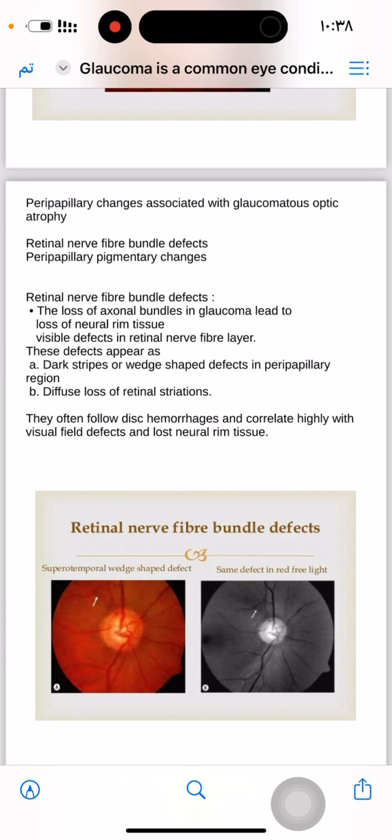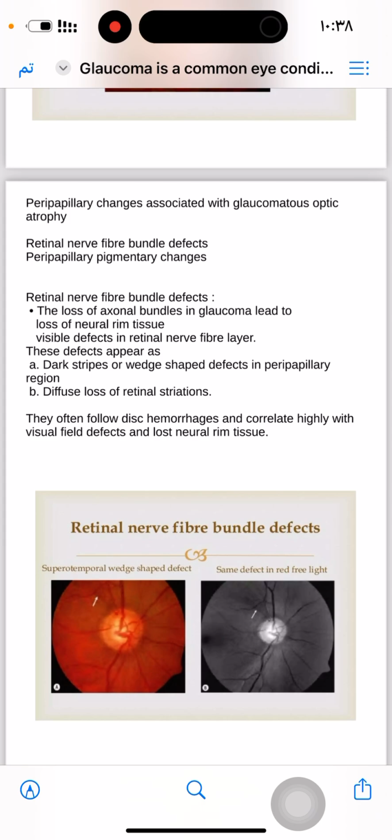Peripapillary changes shaded with glaucomatous optic atrophy, retinal damage, nerve damage. Obligatory changes in the peripapillary area, and nerve damage with loss of axonal bundles. This is not new.